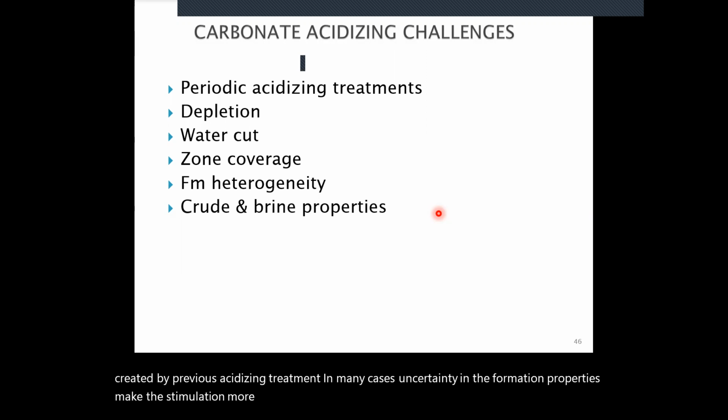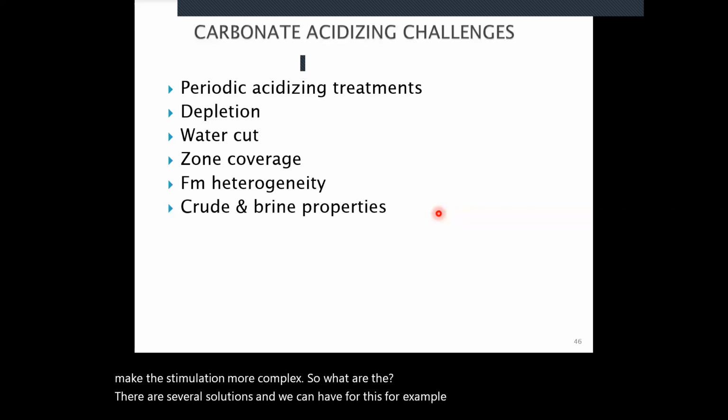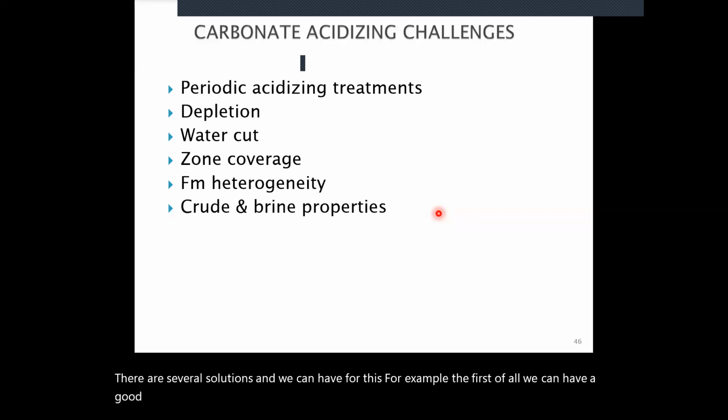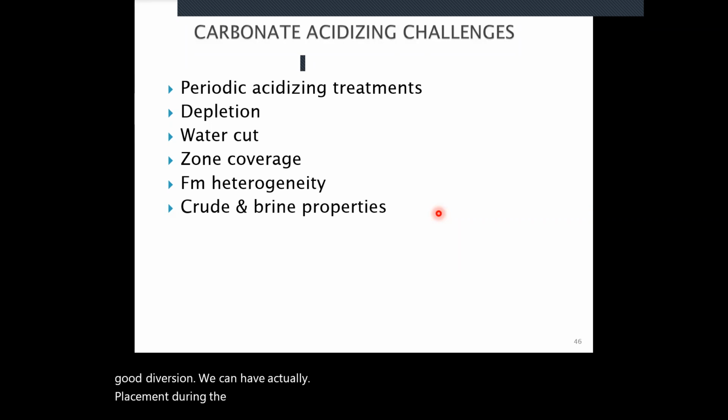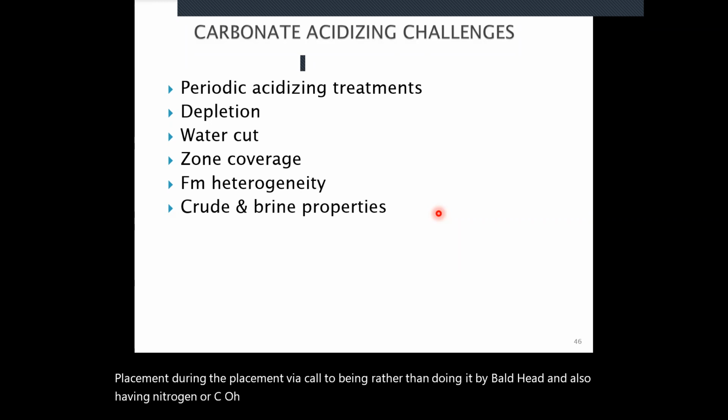So what are the solutions? There are several solutions. First of all, we can have a good diversion. We can do the placement via coiled tubing rather than by ball heading, and also use nitrogen or CO2 for the flow back.